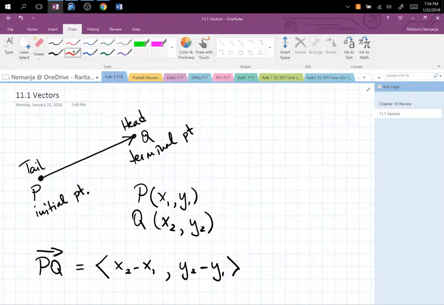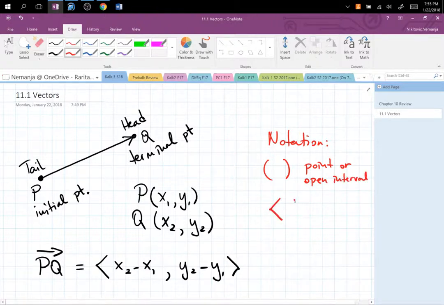Now, some notation over here. On the side, notation says if we have these guys, it's either a point or open interval. And if we have these puppies, it's definitely a vector.